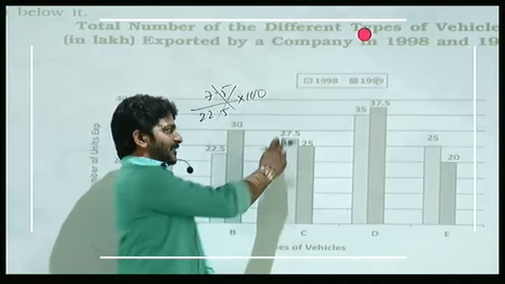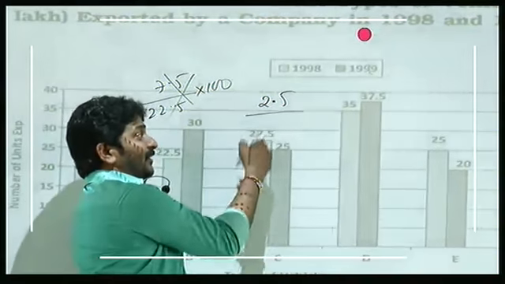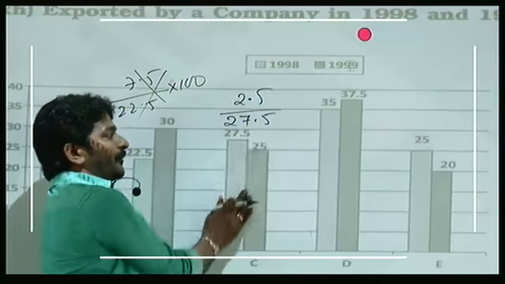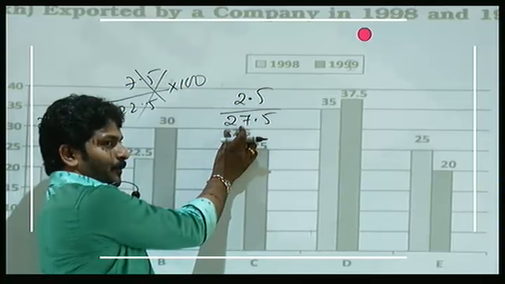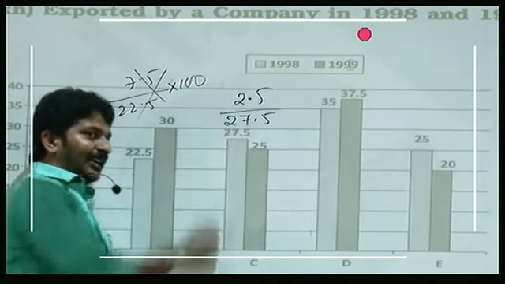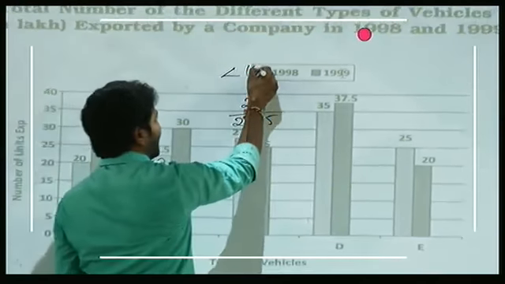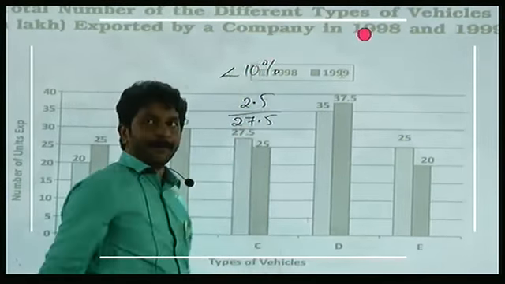Eliminate. What is the difference here? 2.5. Decrease from where? 27.5. What is 10% of the denominator? 2.75. But you have 2.5. So this value is less than 10%. These two cannot be your answers. Less than 10%, we have one number.